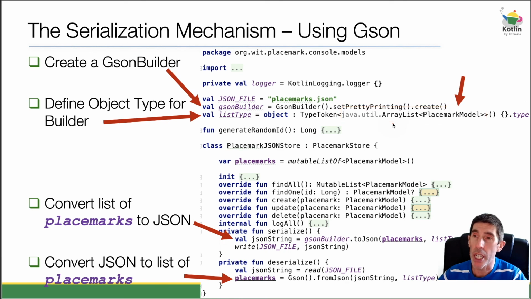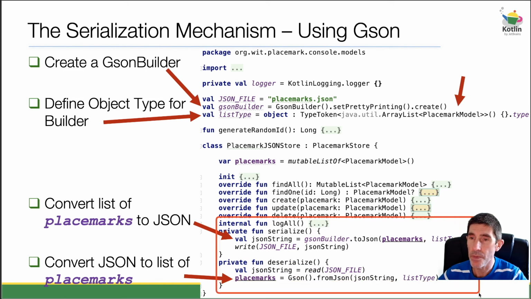If, for argument's sake, you were only working with one individual object, say it was a RESTful API and it was one update that we were working with, we would simply just have PlacemarkModel listed inside here. Okay, I have collapsed there our generate random ID. You can see how that works during the lab itself, and you can look at all the code. And again, just to highlight, there are serialize and deserialize functions.